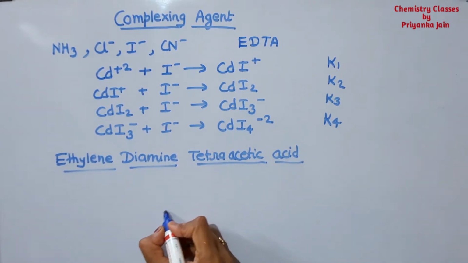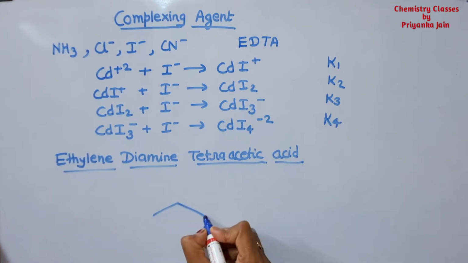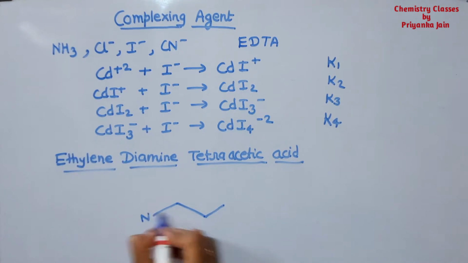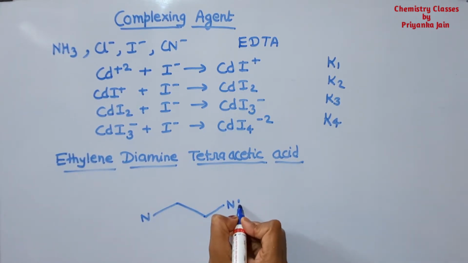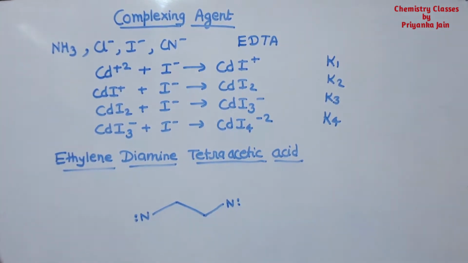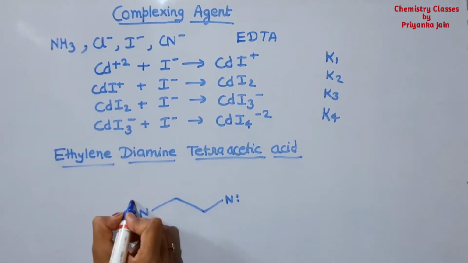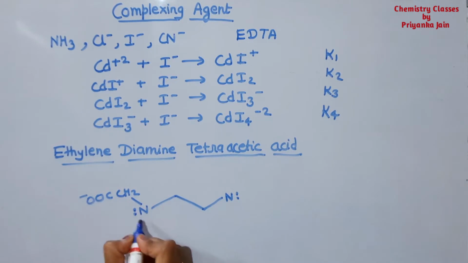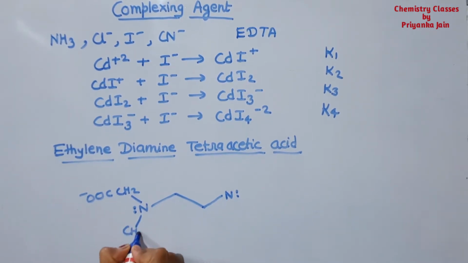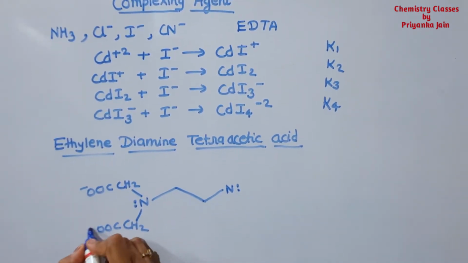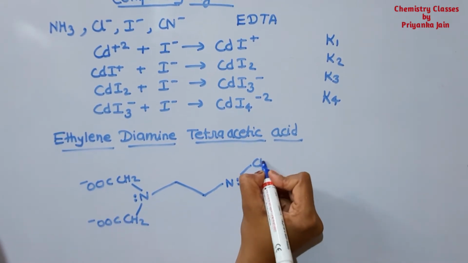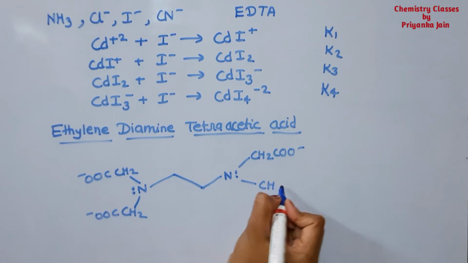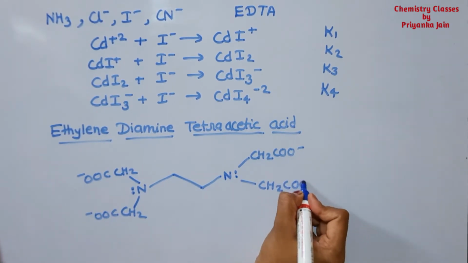Suppose in this manner, these are the two CH2 groups, and these are two nitrogens. The nitrogens each have one lone pair of electrons, and there will be acetate groups attached to them.